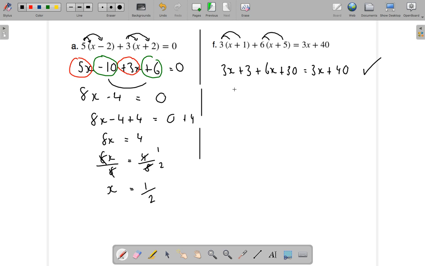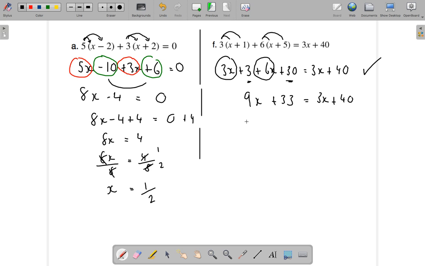Step 2 is to collect like terms. So here I've got 3x plus 6x. That gives 9x. I've got 3 plus 30, that's plus 33. Equals 3x plus 40.